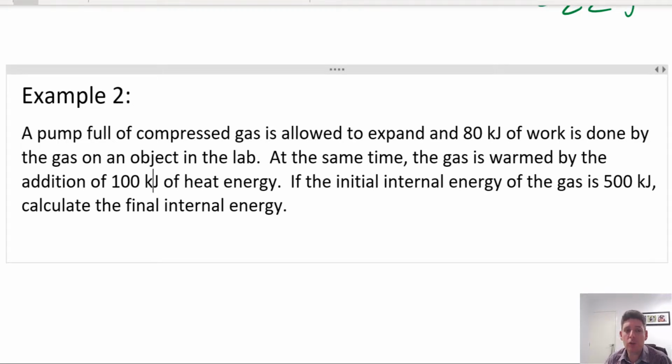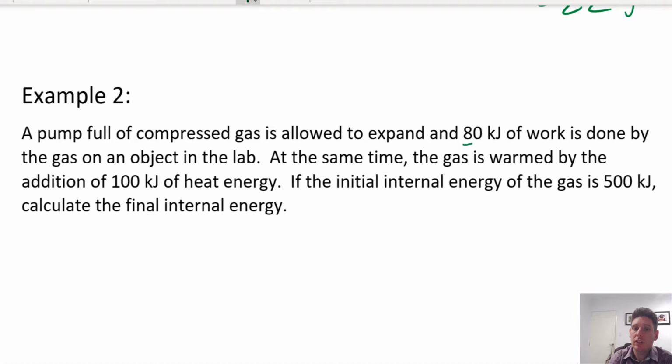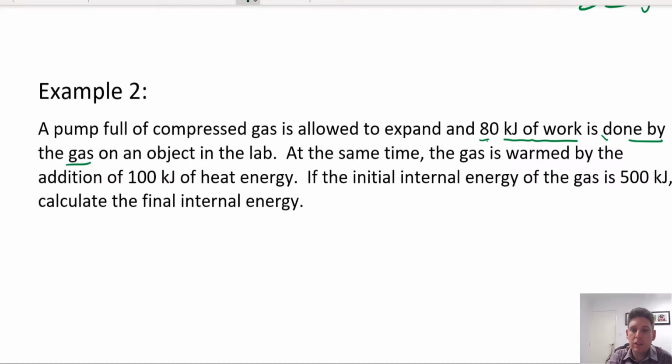Alright, so now we have a second example. We've got a pump full of gas. It's allowed to expand, and 80 kilojoules of work is done by the gas on an object. So this is very important. 80 kilojoules of work is done by the gas. So that's our first thing, 80 kilojoules.